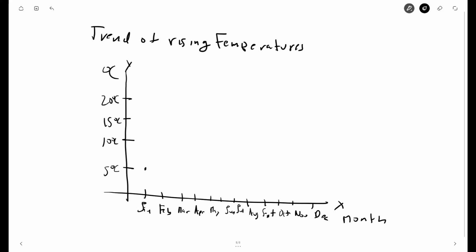Then for February about 6. For March 9. For April 12. For May 16. For June 20.